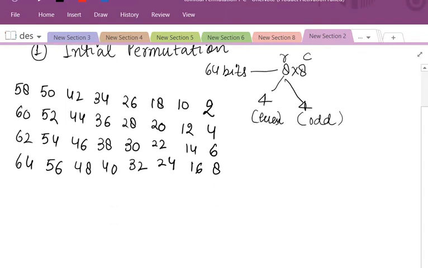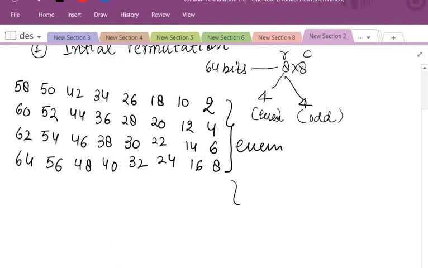Now these 4 rows act as the even rows, having the even numbers. Now it is the turn for the odd number positions.